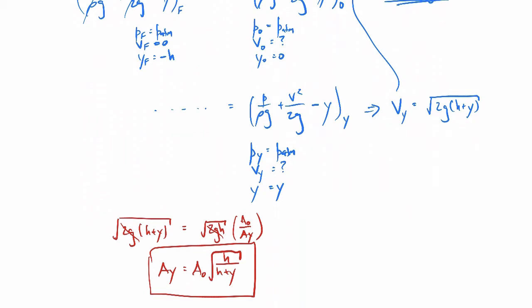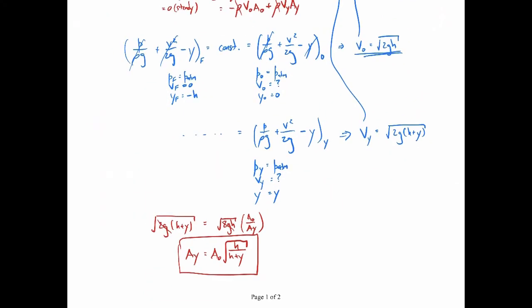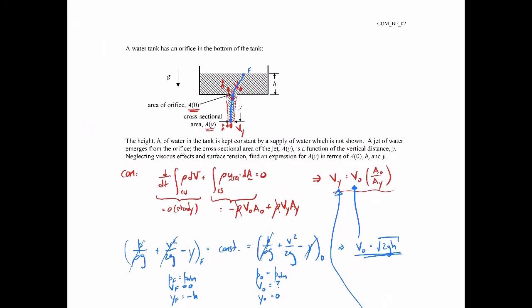This is actually a simple enough experiment. You could do this at home. You could just take your phone, fill a container with water, and make sure that the container is pretty wide, and then have a hole in the bottom of it, and then take a picture of this with your phone, and then you could measure the cross-sectional area here. It'd be like a diameter, if you made a circular hole.